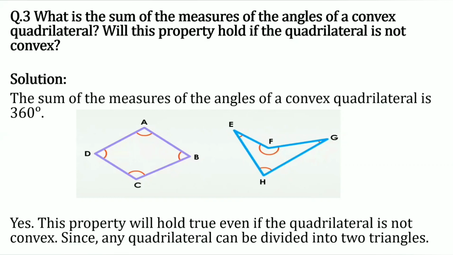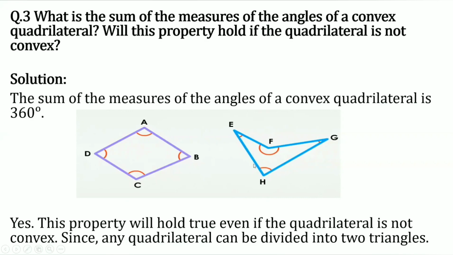As I have said earlier, if you divide this quadrilateral ABCD vertically into two parts, then it will be two triangles. In the same way, if you divide this quadrilateral horizontally, then also it will be two triangles. And the sum of interior angles of the triangle is 180. Because it is divided into two triangles, it will be 180 plus 180 is equal to 360 degrees.